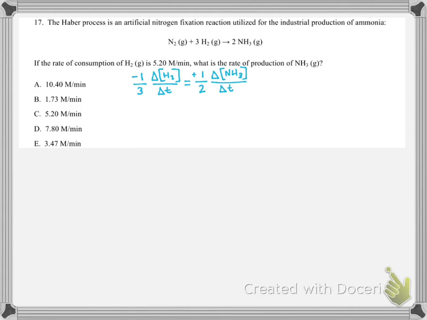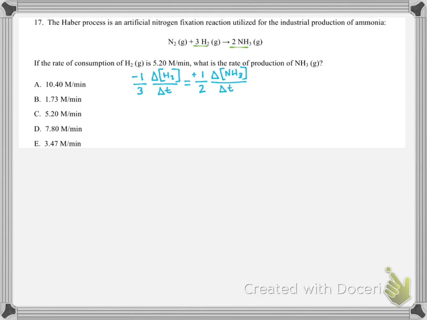So since it's leaving, I have this negative sign for the H2. But we have 1/3, because of that 3, times the rate for hydrogen equal to 1/2, because of that 2, times the rate of ammonia appearance.